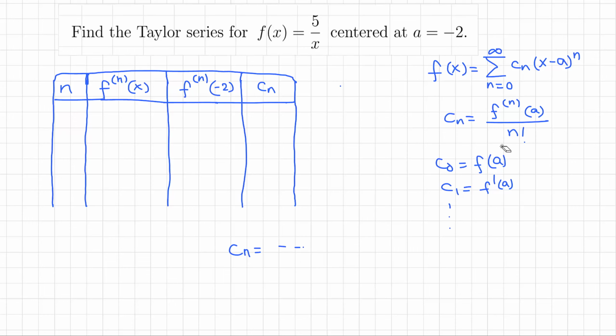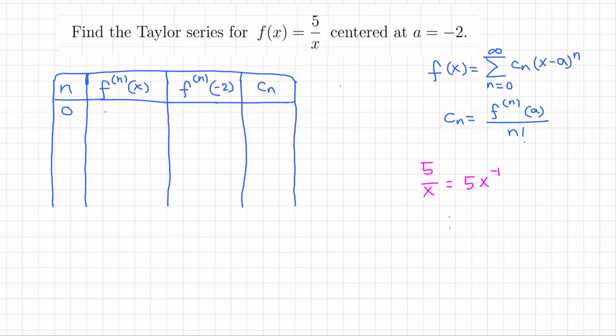Okay, so let's make a table and figure out a couple of Cn's. For n = 0, the 0th derivative means the function itself, and we can write 5/x as 5 times x to the -1, so that it becomes easier to find the derivative.